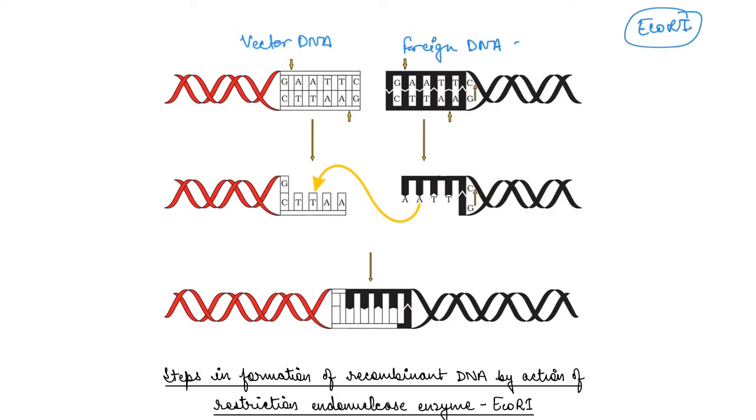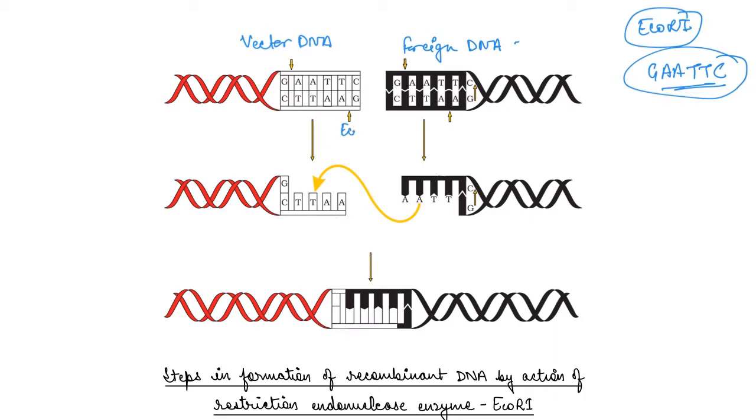It cuts the DNA between bases G and A. Always remember that since it recognizes a specific sequence, it will cut only when the sequence GAATTC is present in the DNA. So it will recognize this particular sequence and cut both the DNA pieces at the same places, right?